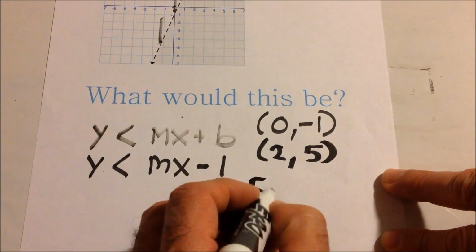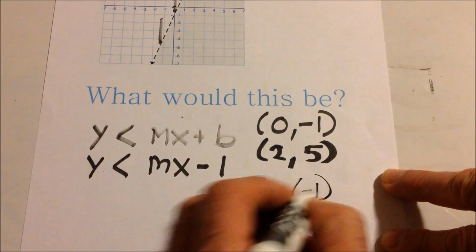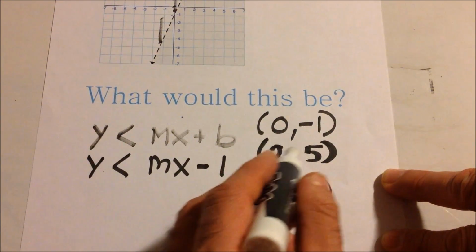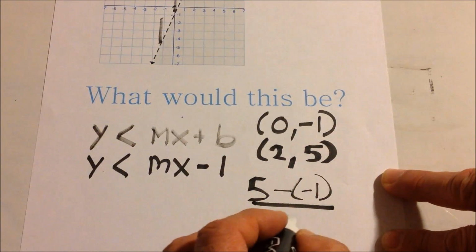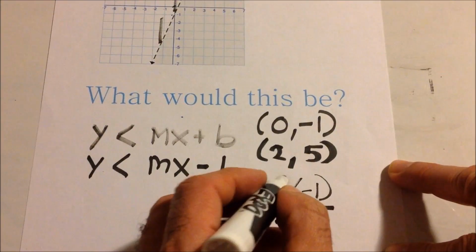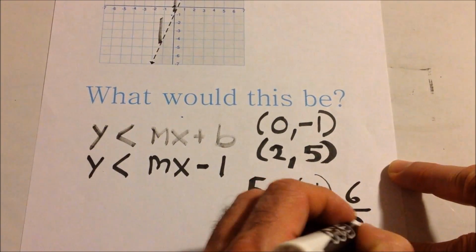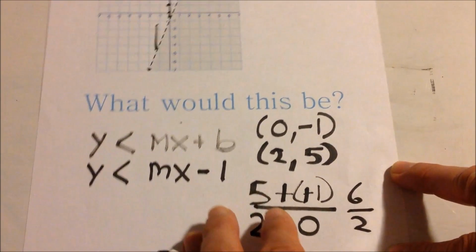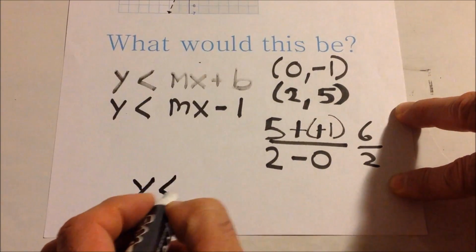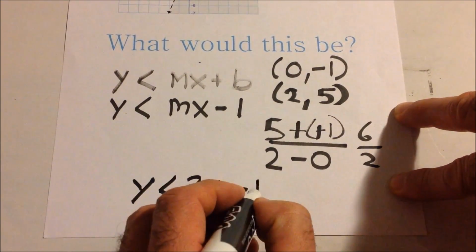So we can say 5 minus negative 1 over, and since we used 5, we got to use 2 for x, 2 minus 0. So it's keep, change, change. So we're going to have plus, plus. This is 6 over 2. And the slope is 3. So we can say now that y is less than 3x minus 1.